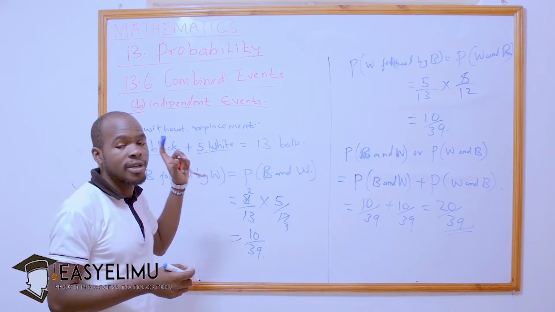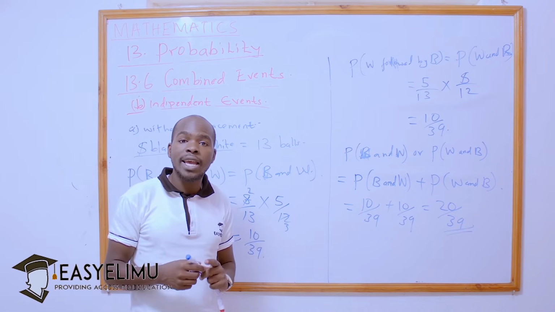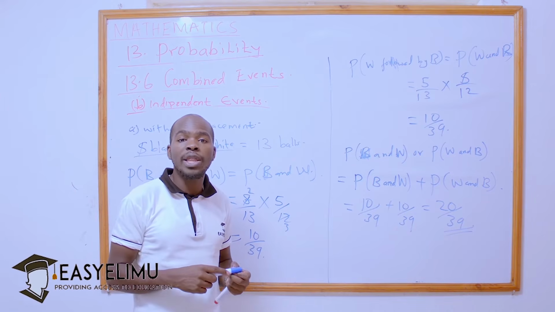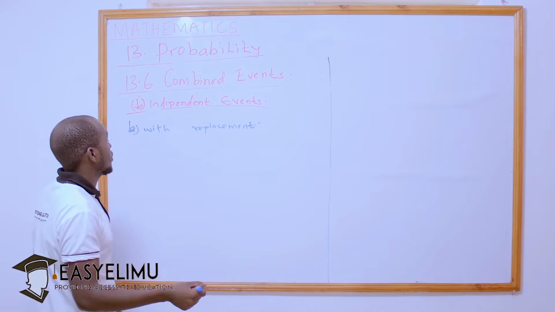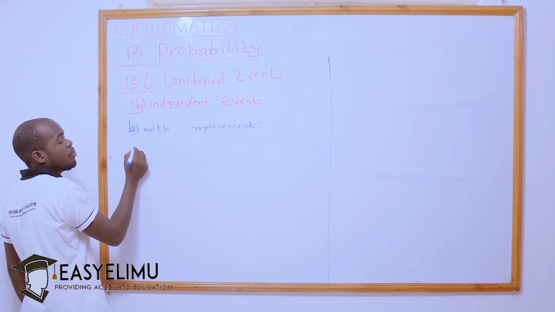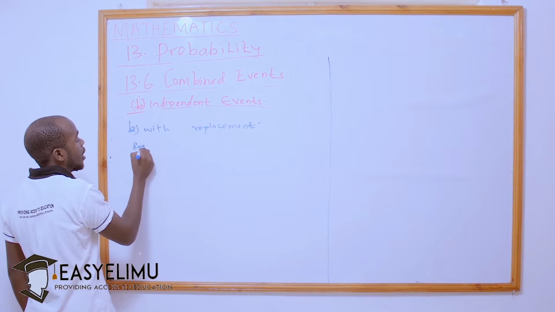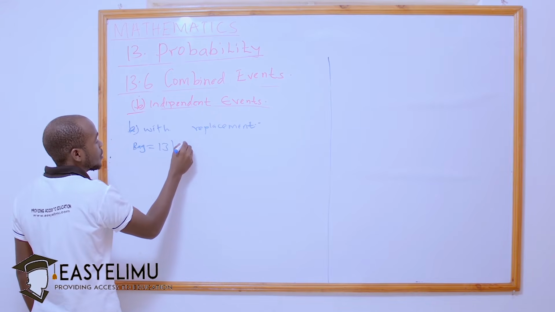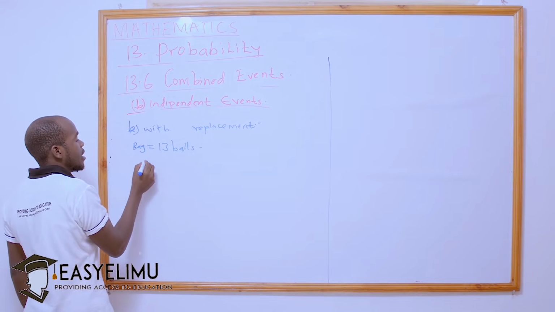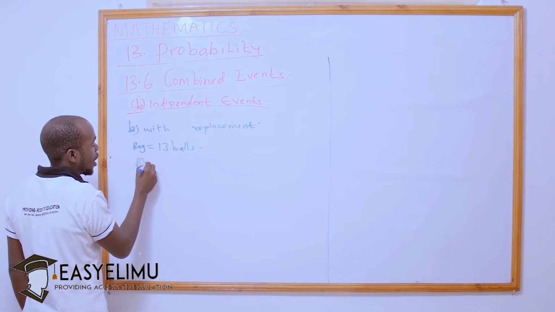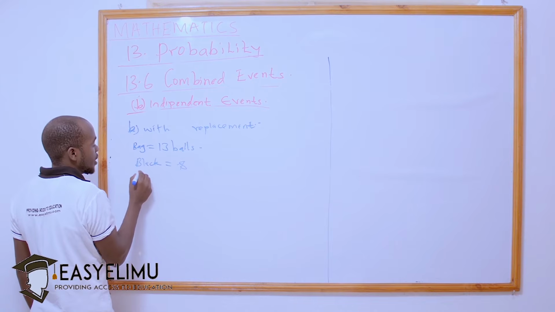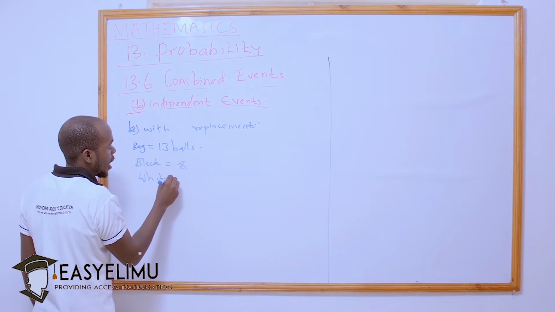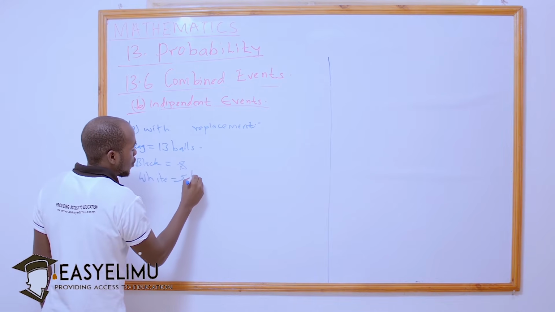That is without replacement. Now let's consider a case where we are picking with replacement. We know the total number of balls in the bag is 13, the number of black balls in that bag is 8, and that of white is 5 balls.